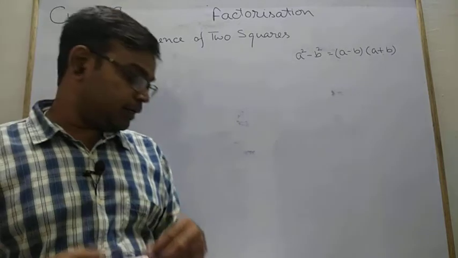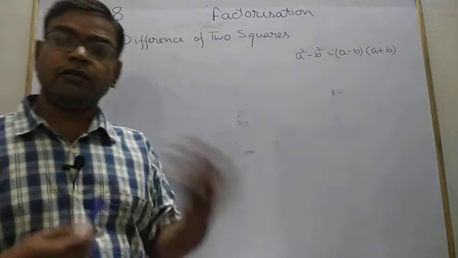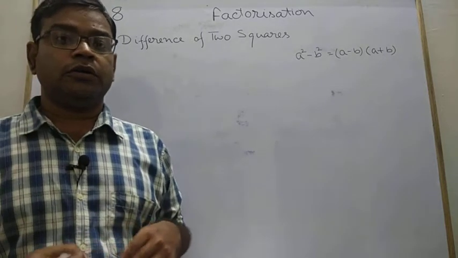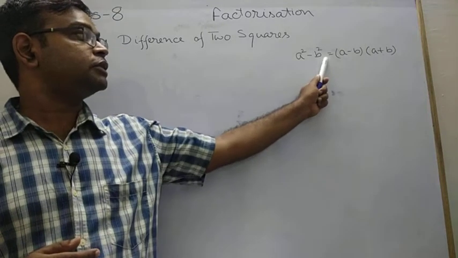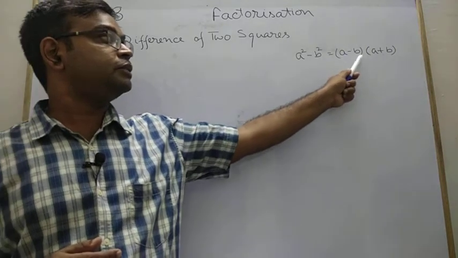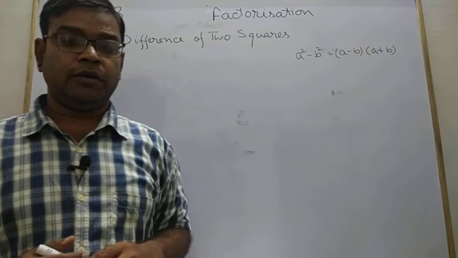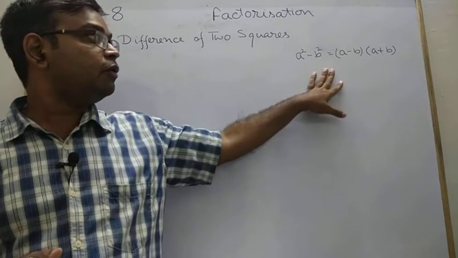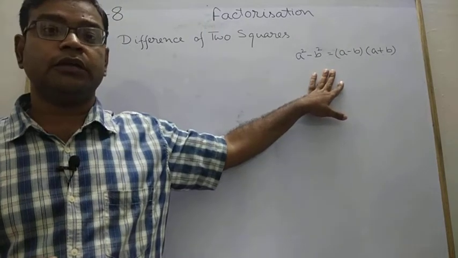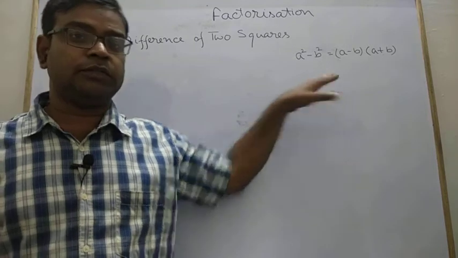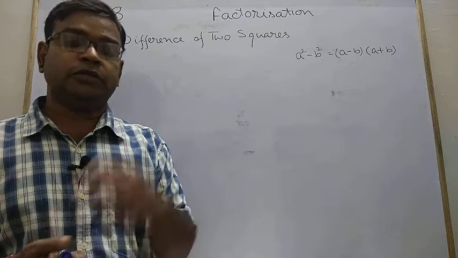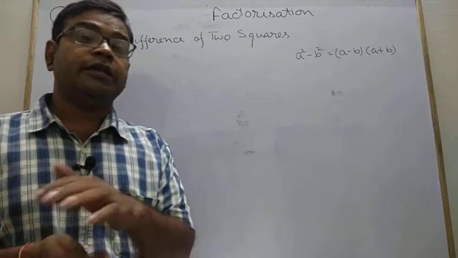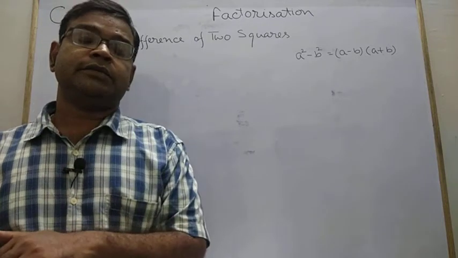Before discussing that, we already know that a square minus b square gives the result a minus b into a plus b. How this happens, we already discussed in our previous videos on algebraic identities.